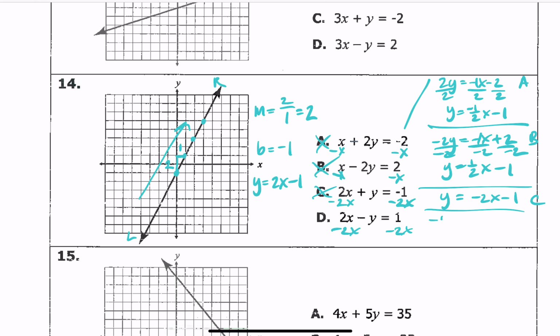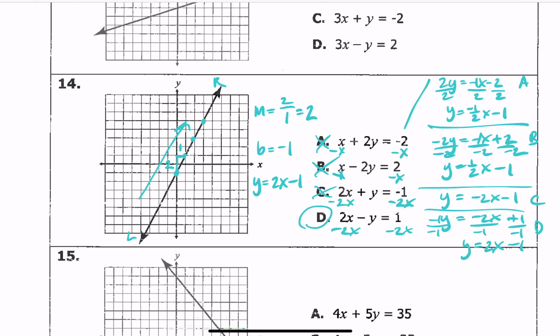I end up with minus y equals -2x plus 1, but because this is really a minus y, I have to divide everything by -1, and I get y is equal to -2 divided by -1 becomes positive 2x, minus 1, and wouldn't you know, this and this are the same, so D is the final answer.